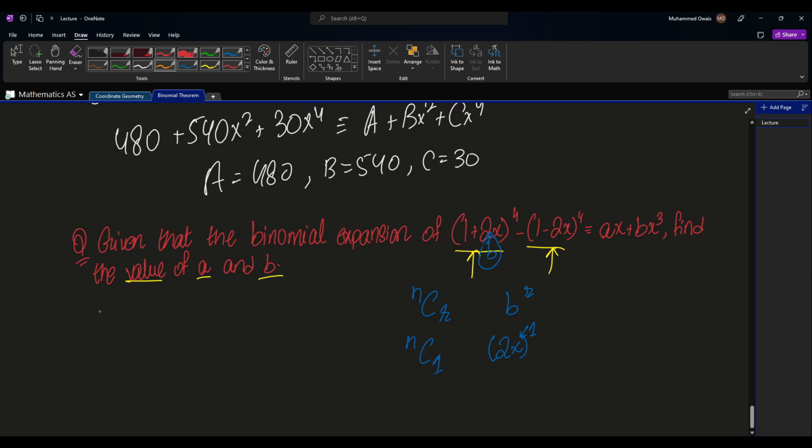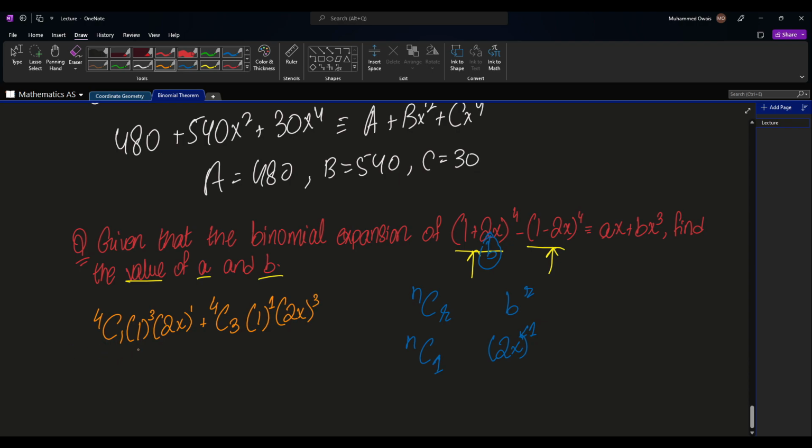So what we can do is 4C1, 4 is n and r is 1, a is 1 power 4 minus 1, which is 3, and b is 2x power 1, plus, now the next term we need is the cube, so we can say 4C3 into 1, 4 minus 3 is 1, b is 2x power 3.